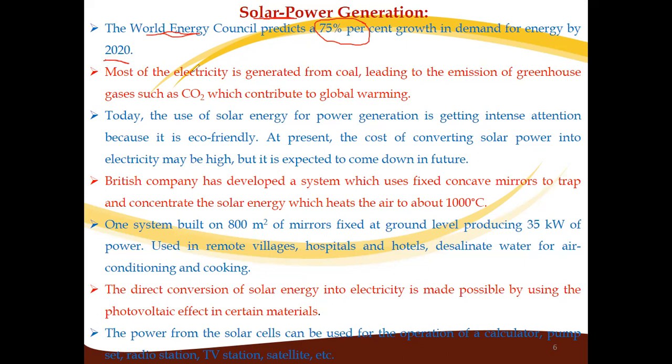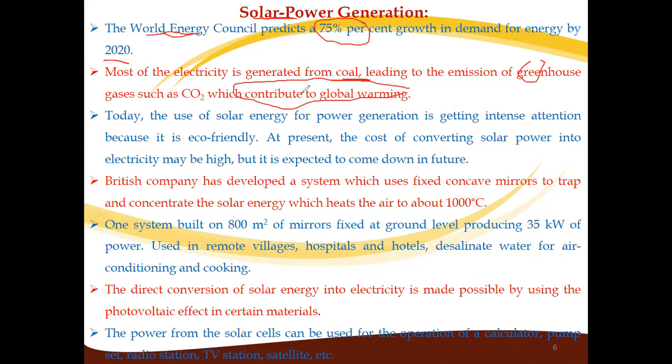And most electricity is generated from coal, which leads to the emission of greenhouse gases like CO2. Because of that, there is a most common problem, that is global warming, which the world is trying to reduce.